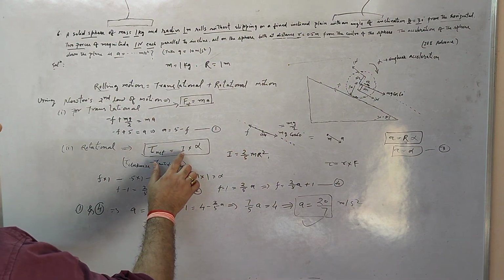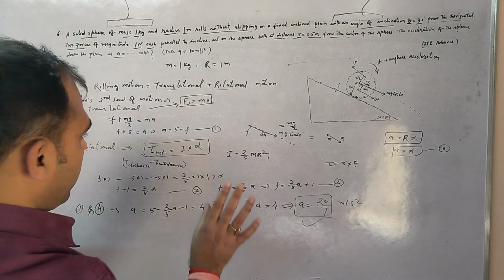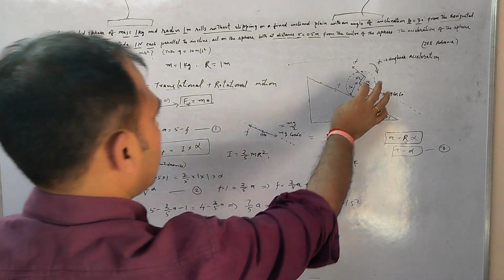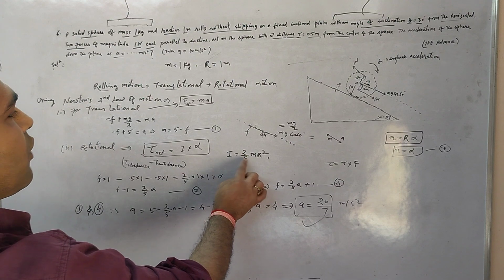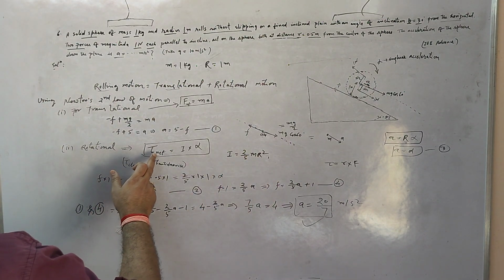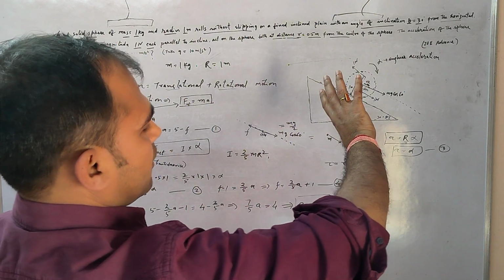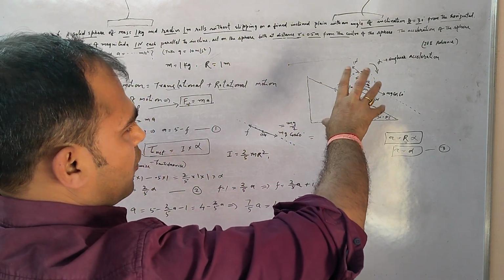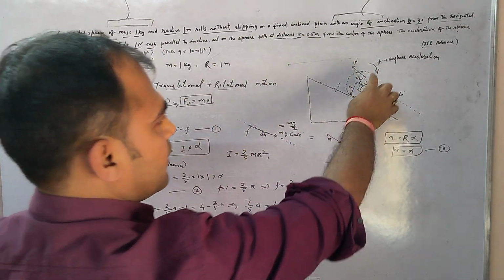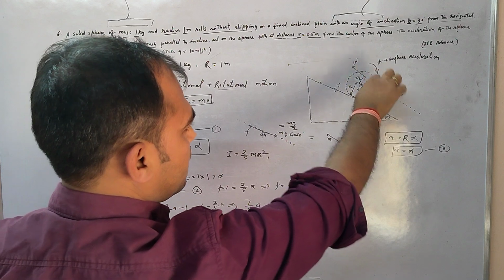Value of I, moment of inertia of a solid sphere around its center of mass, will be 2 by 5 mr square. Tau net, this is rotating with angular acceleration alpha. Here this is rotation.